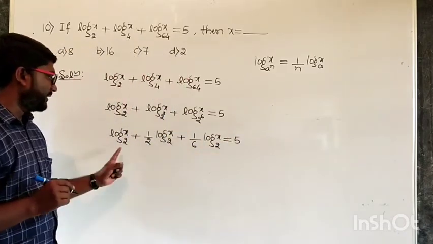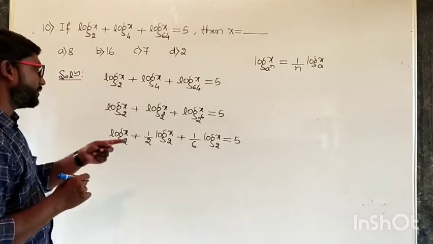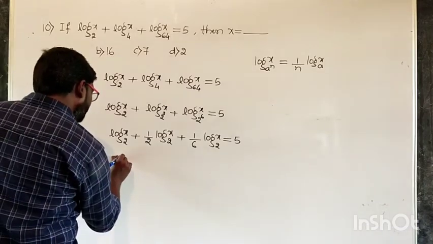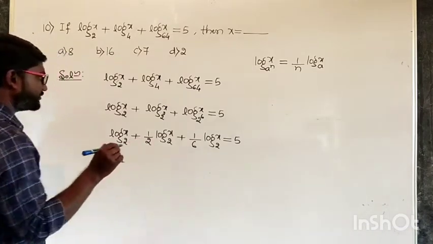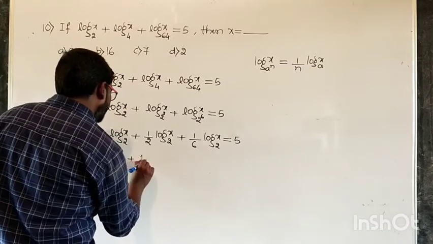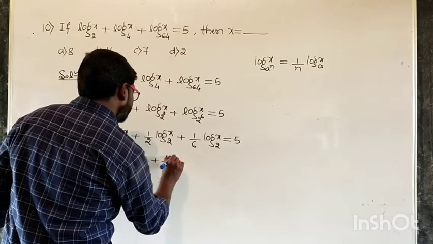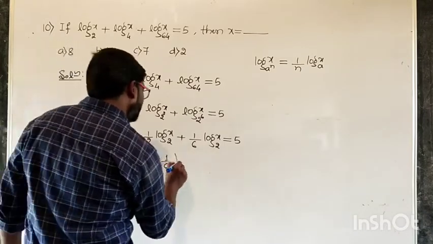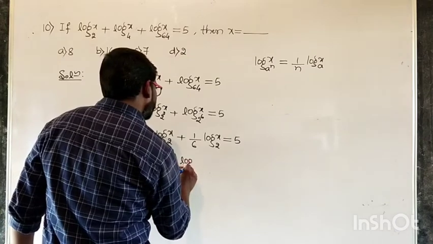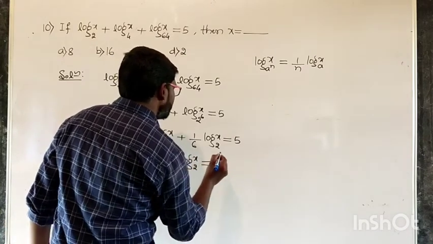Now in all the three terms we have log x to the base 2 as a common term. So I take log x to the base 2 common. We have 1 plus 1 by 2 plus 1 by 6 into log x to the base 2, which is equal to 5.